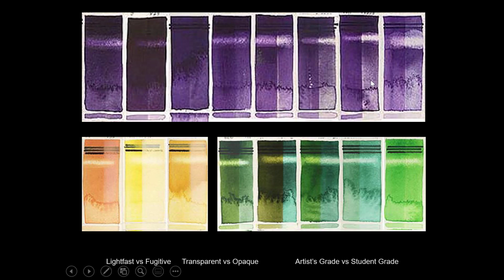But here, the difference is not so much the pigment. All of these are the same pigment. It's basically the quality of the paint. And the ones that are the higher artist grade or professional grade are going to fade a lot less than the ones that are called student grade or basics or things like that. And the reason basically comes down to the fact that there is a higher pigment load.